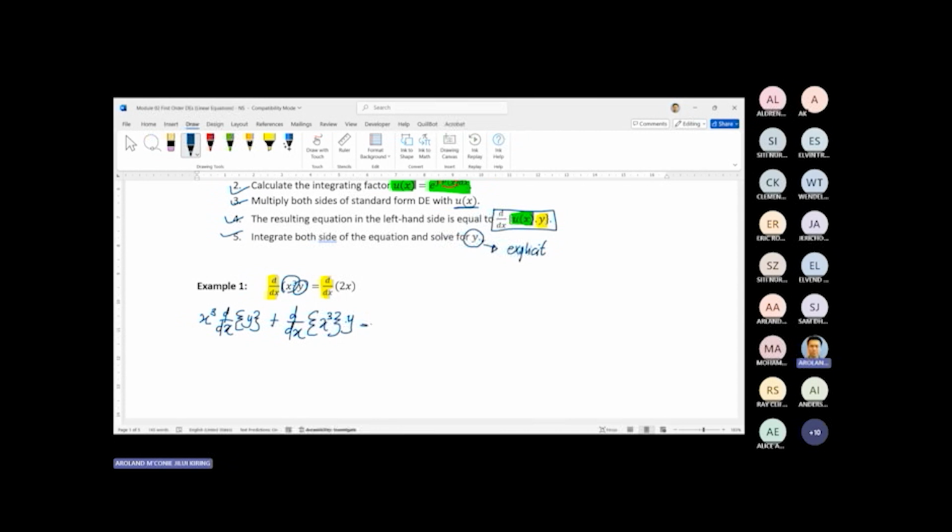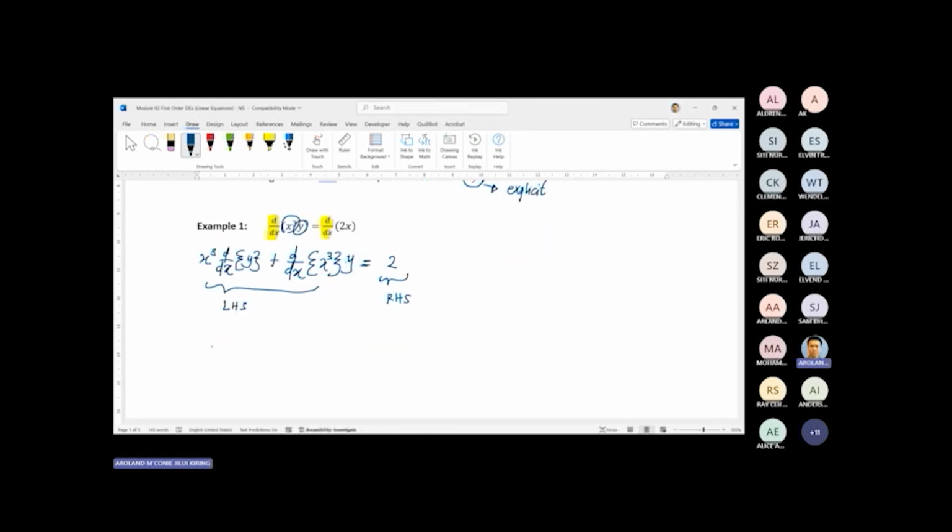This is the left-hand side of our equation, and then we have the right-hand side after differentiating. So you have x to the power of 3 dy over dx, and then you have 3x squared multiplied by y equal to 2.